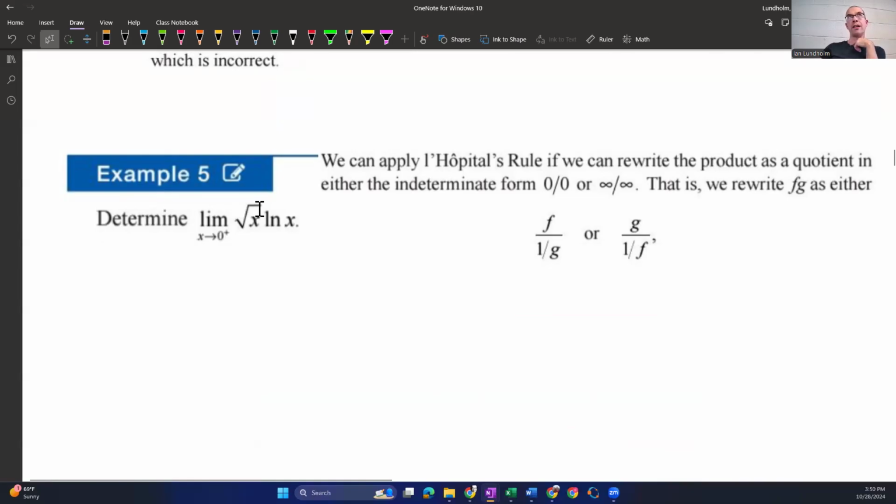That would feel like 0 times negative infinity. So 0 times infinity is another kind of indeterminate form, but we want it to look like 0 over 0 or infinity over infinity, and we will tweak it to get that way.